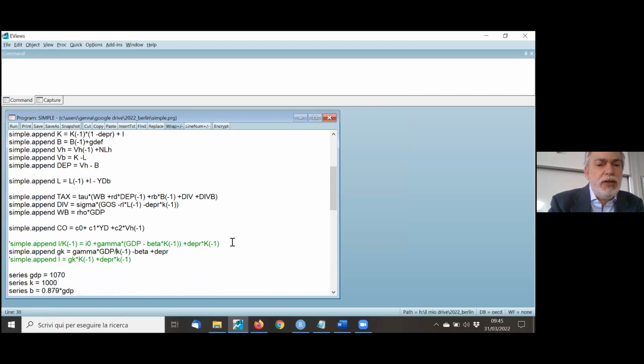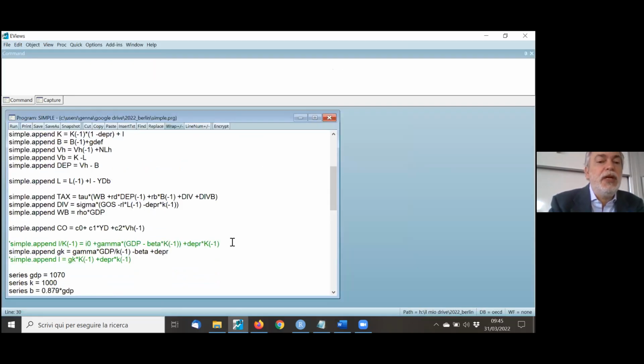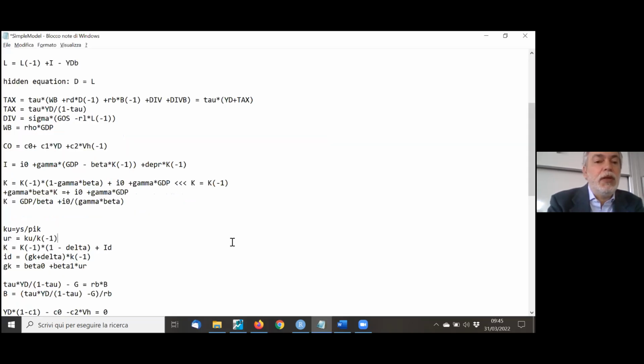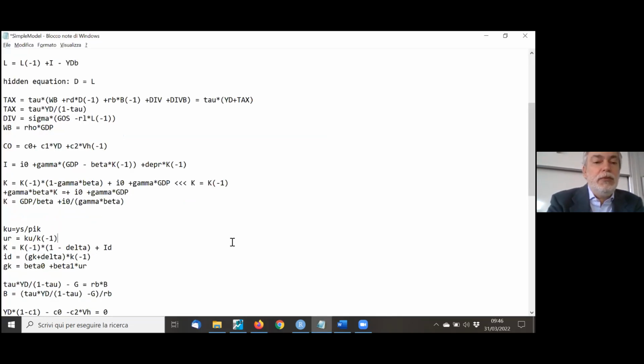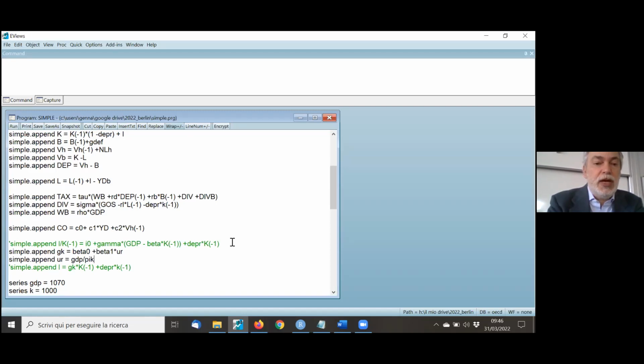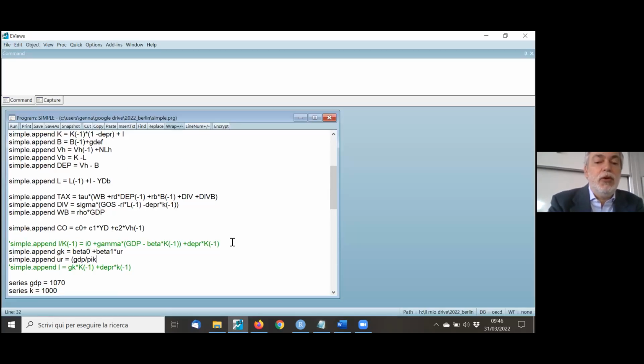So what we want to have now is what I call beta 0 plus beta 1 times the utilization rate, and I want the utilization rate to be given by the level of output over, let's call it, productivity of capital, divided by the opening stock of capital.